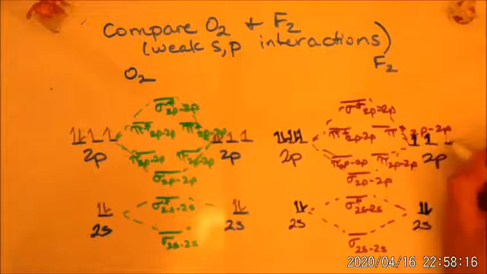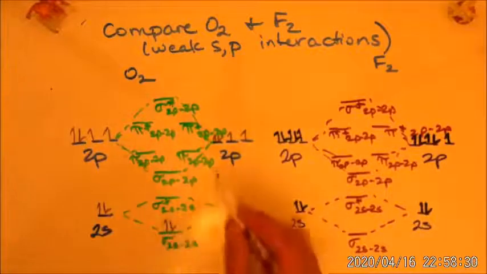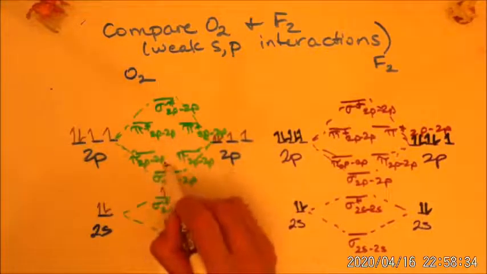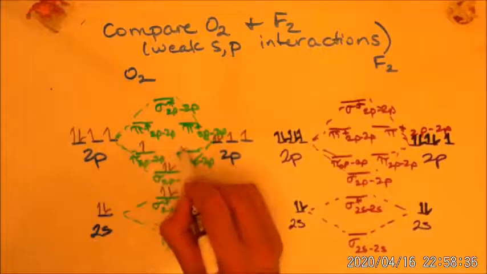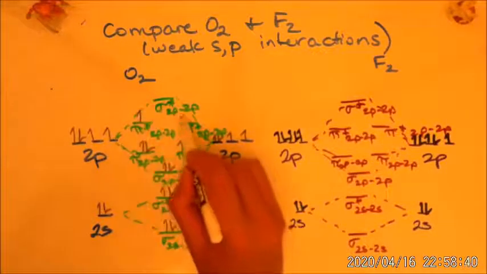1, 2, 3, 4, 5. So now we can start doing our electron configurations using our molecular orbitals. So 1, 2, 3, 4. I have 8. So 1, 2, 3, 4, 5, 6, 7, 8.